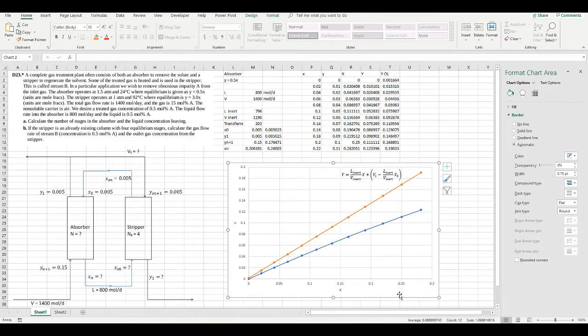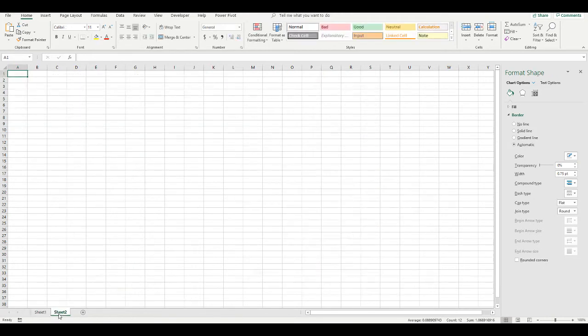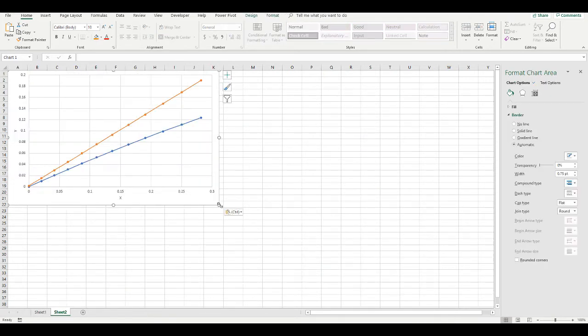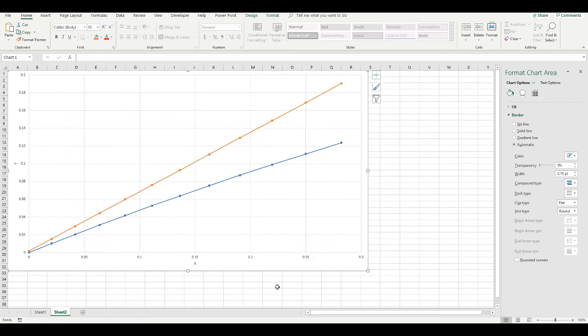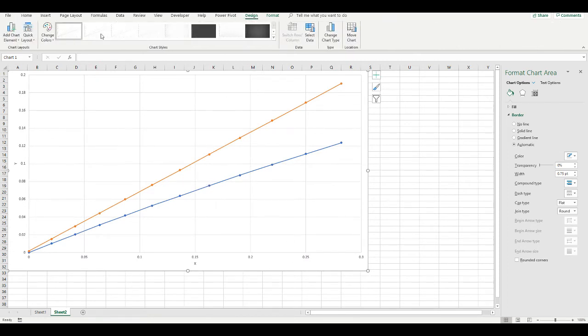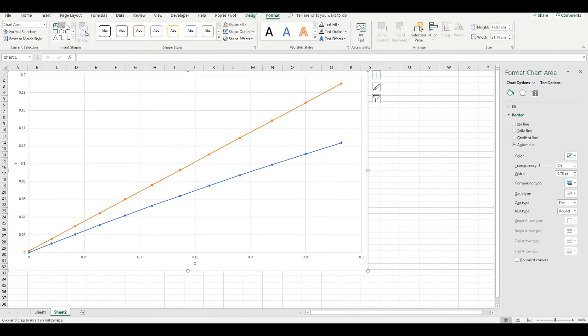I'm going to bring this graph into another sheet so we can make it bigger. Alright, and now let's just step down the column until we find the number of stages.